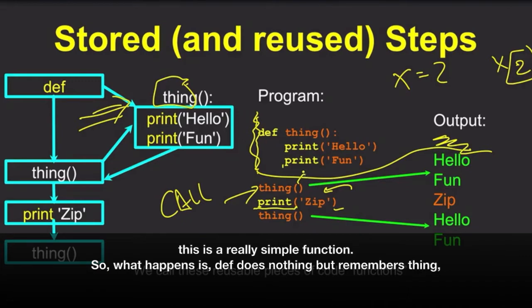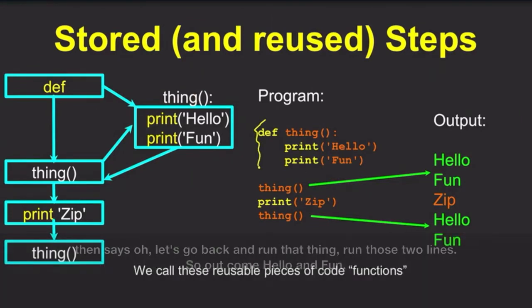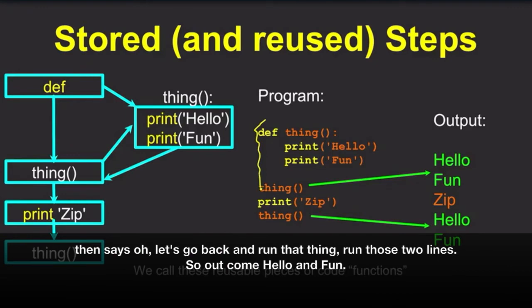So what happens is def does nothing but remember things, and then it says, oh, let's go back there and run the thing. Run those 2 lines. So hello and fun come out.